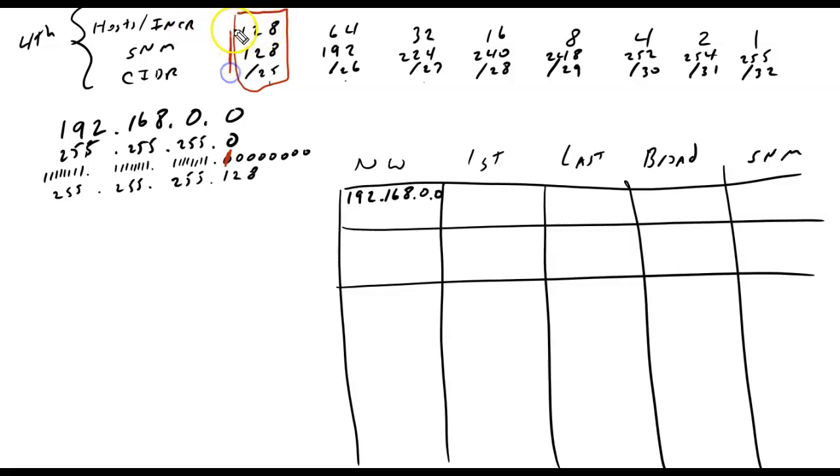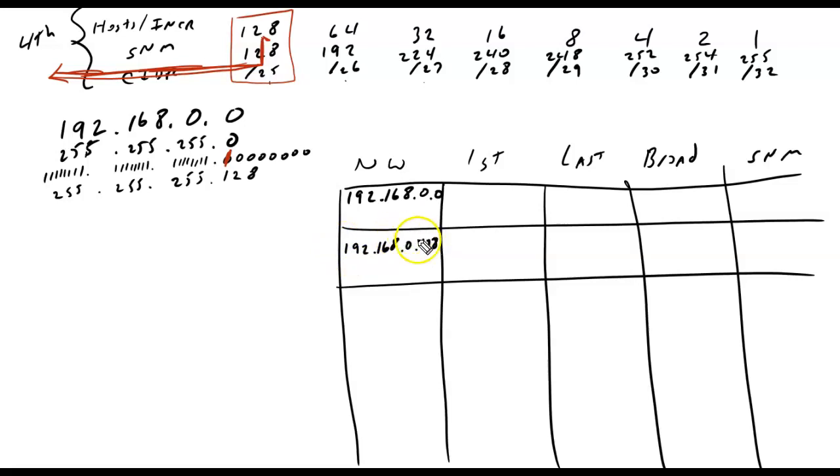Increments of 128. Let me put that back here. 128 in the 4th octet. All right? So let's put that in here. 128 in the 4th octet: 192.168.0.128.